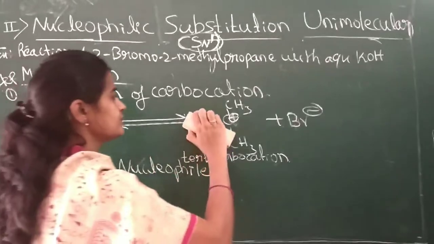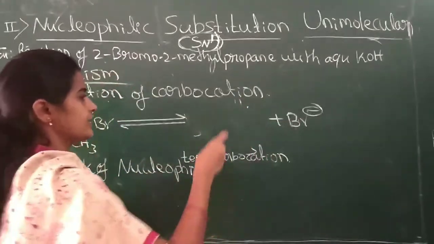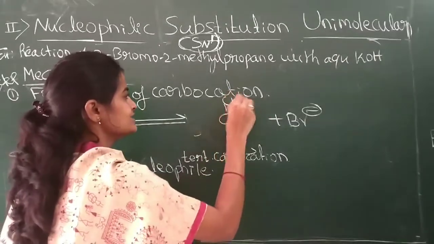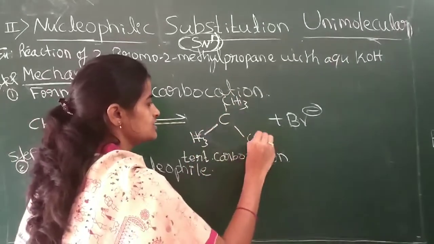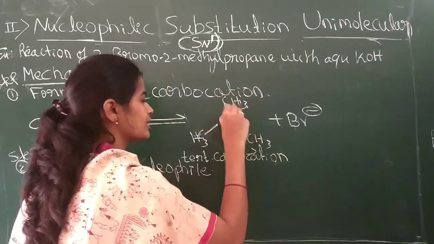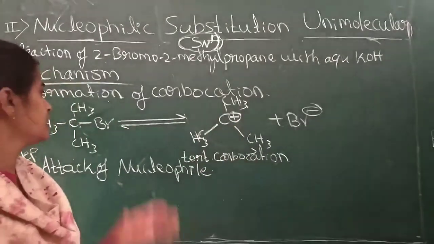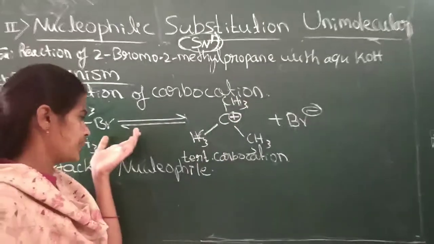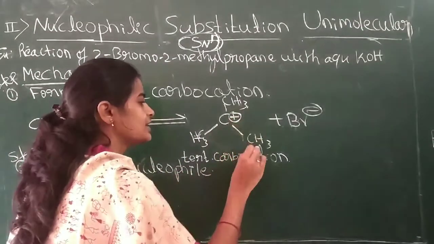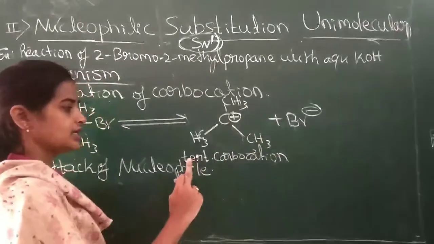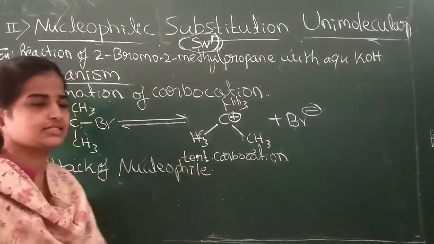Instead of writing it this way, I will write it like this: CH3, CH3, CH3 methyl groups, and here the carbon. Why have I written this? Because after the removal of halogen, it has attained a planar structure. The tertiary carbocation is planar in structure.